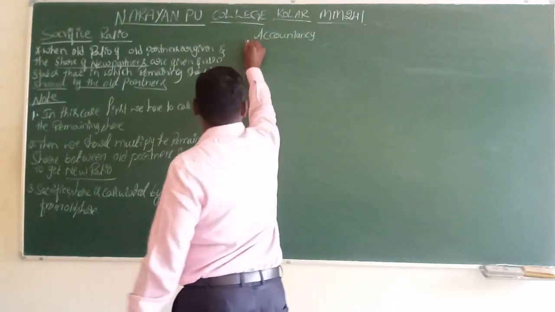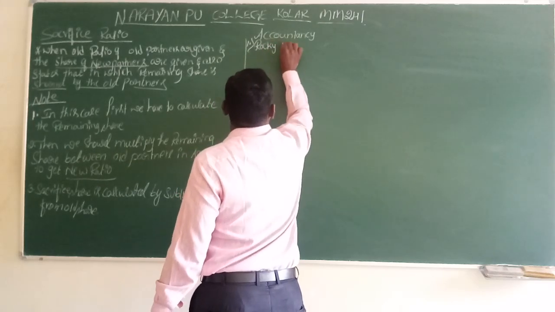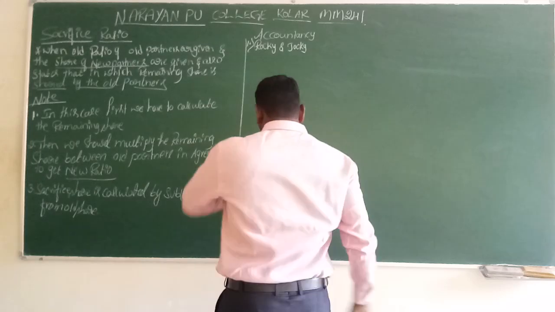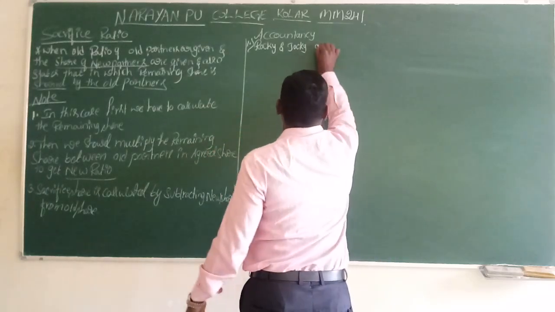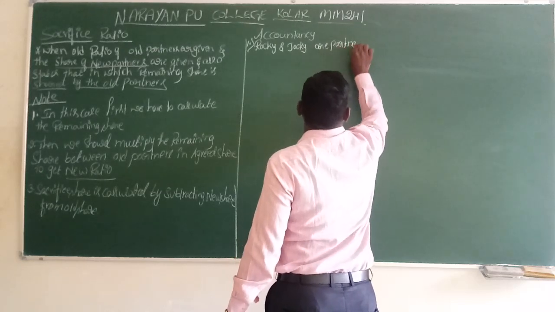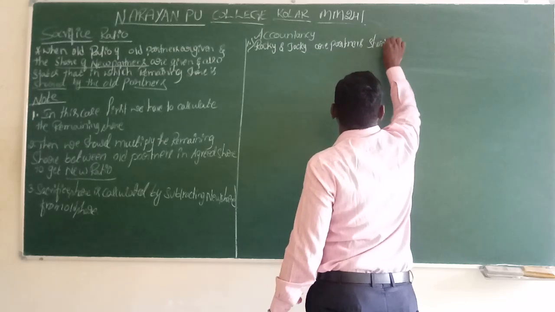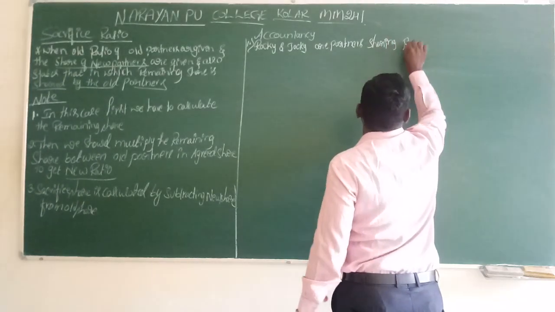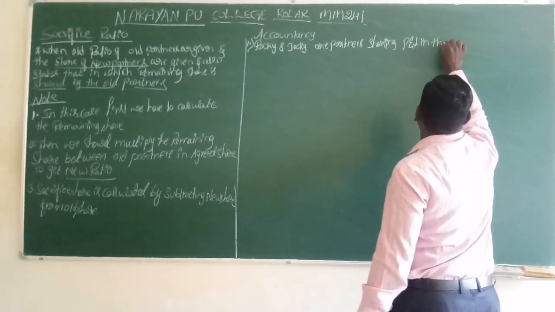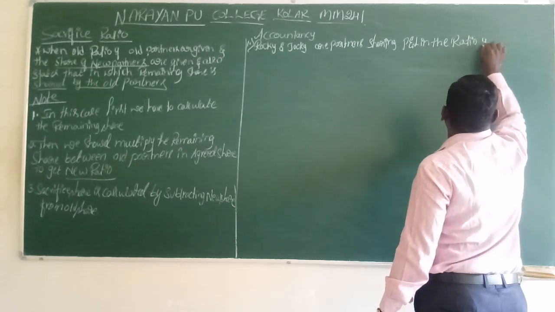Question number 1. Rocky and Jockey are partners sharing profits and losses in the ratio of 7:5.